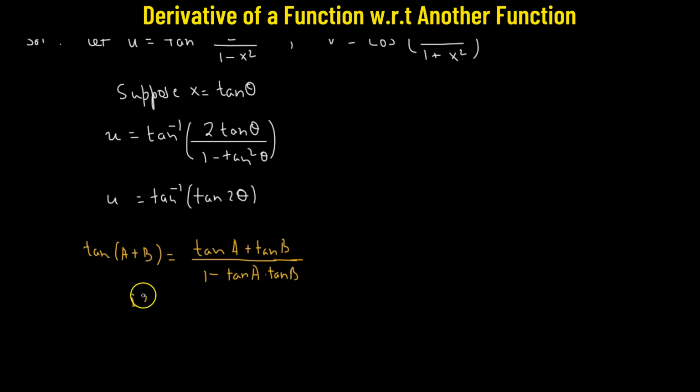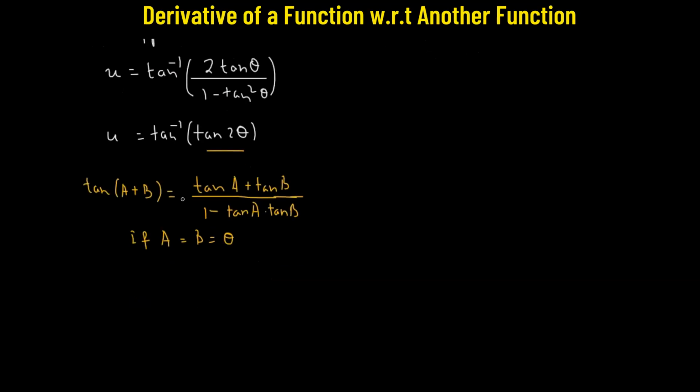In our case, if we consider a to be equal to b and both of them are equal to theta, then we have tangent of theta plus tangent of theta, which gives us 2 times tangent of theta in the numerator, and in the denominator we have 1 minus tangent of theta squared. And this will become equal to tangent of a plus b, but since we have considered a and b to be equal to theta, tangent of theta plus theta will give us tangent of 2 theta.